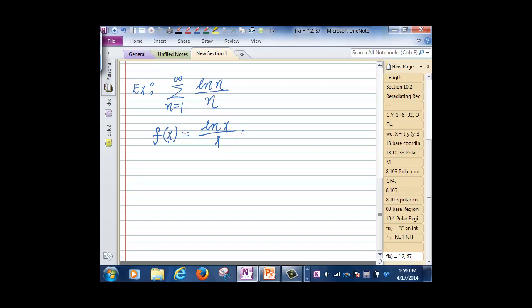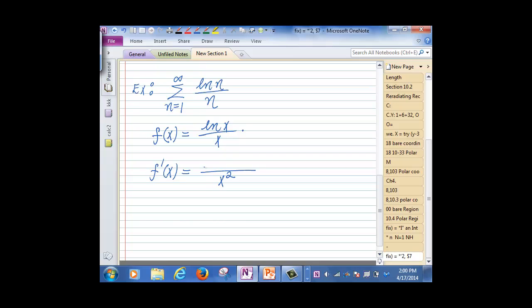Well, do we know how to determine where a function is increasing and decreasing? We know, right? How do we do that? Find the derivative, right? So what's the derivative of this guy? What rule should I apply? Quotient rule, okay. Square the denominator, and then it's what?